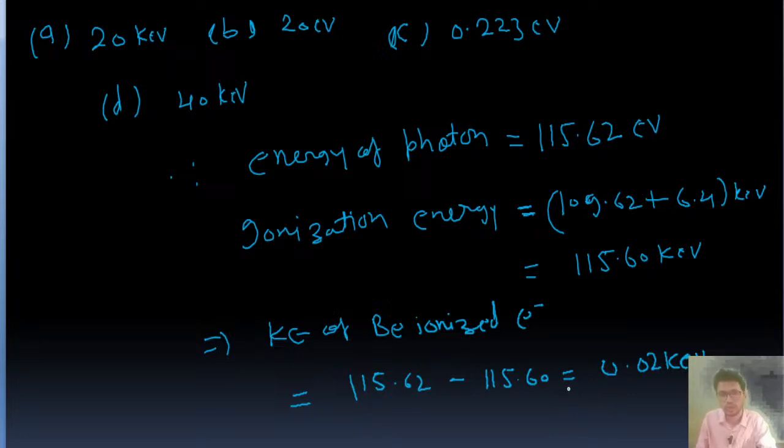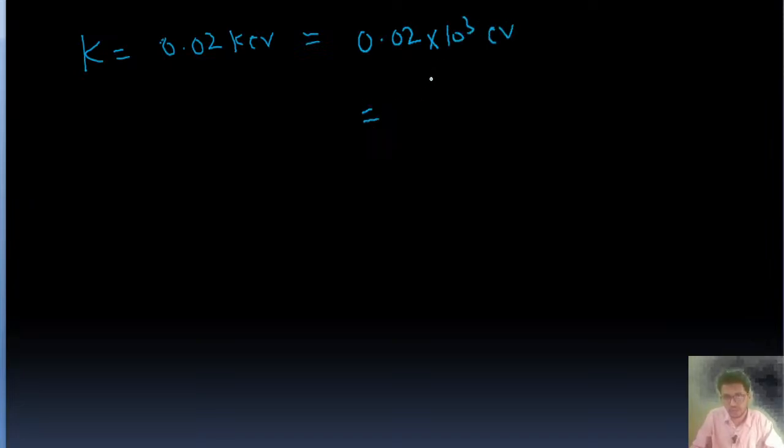And we can convert this. 0.02 kilo electron volt is 0.02 times 10 to the power 3 electron volt, so this is going to be 20 electron volt. Okay, this is the answer, guys.